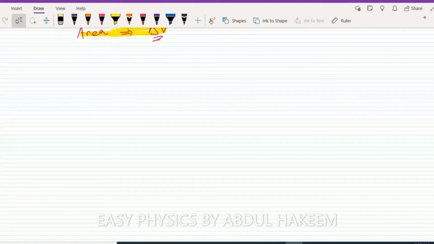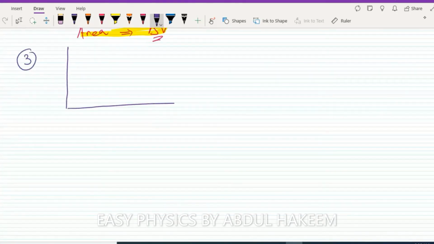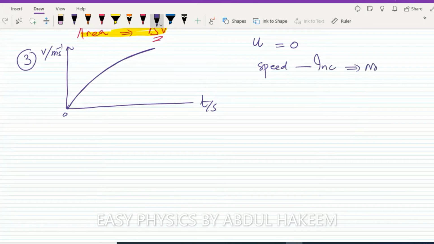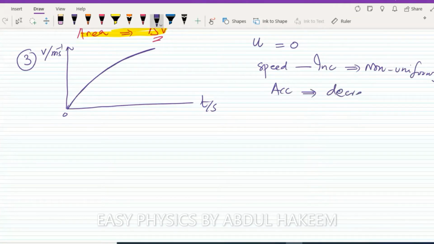Okay, so the next, number 3. If this is the motion, time at the x-axis, speed in meter per second at the y-axis, and the graph is a curve, then the motion is, it starts from rest, speed or the velocity increases, but non-uniformly, and the acceleration is gradually decreasing because the gradient of the graph is decreasing.